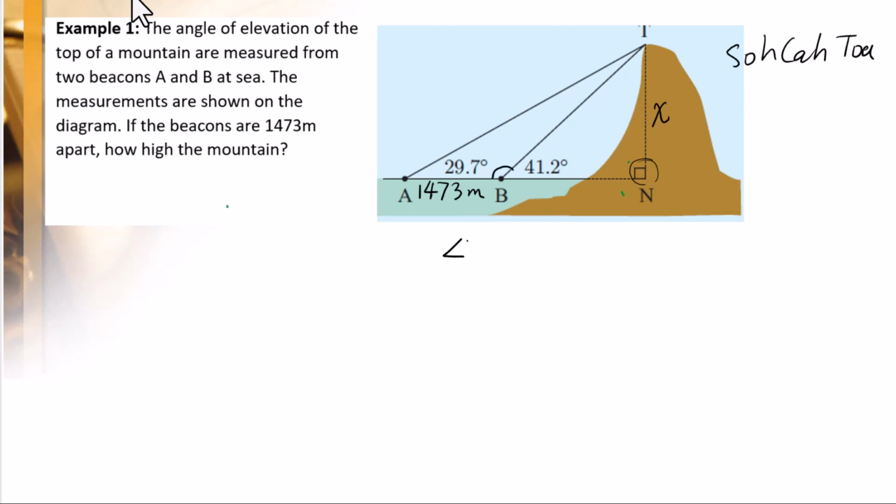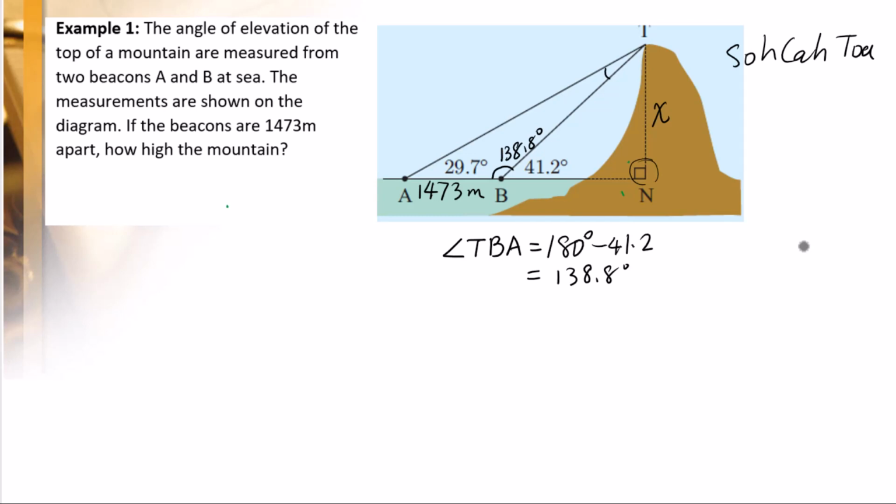The angle TBA equals 180 minus 41.2 because angle ABN is a straight angle.